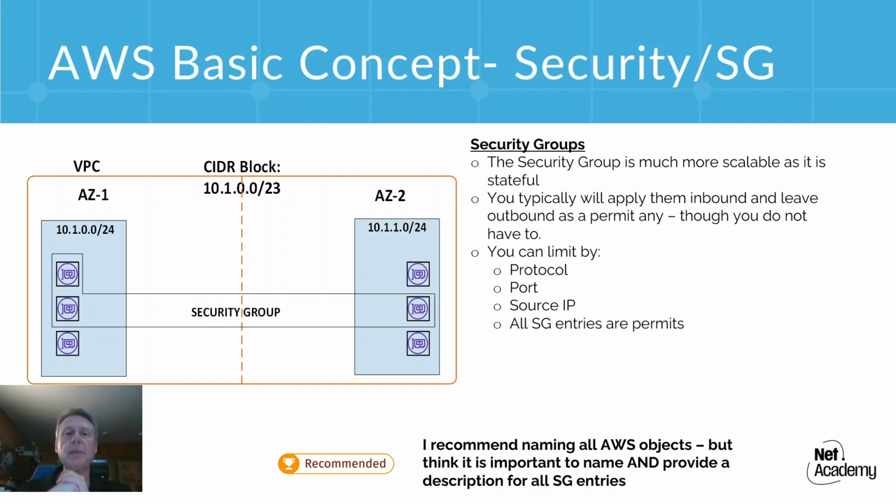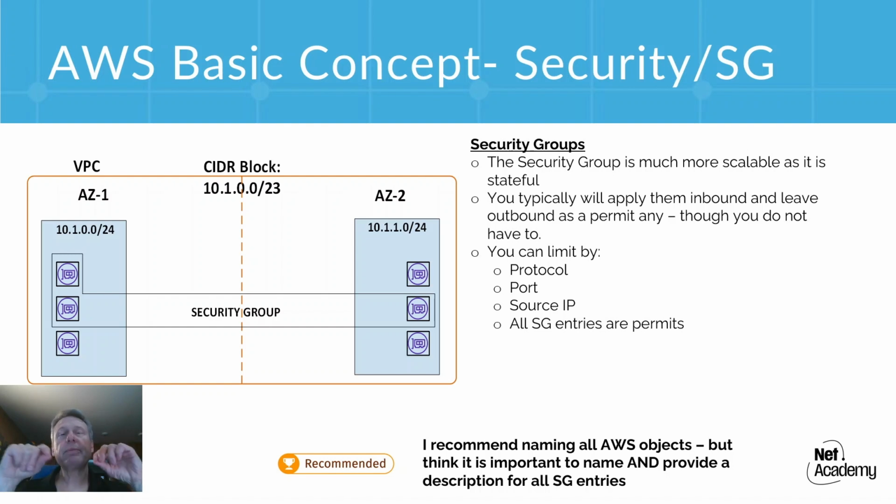If someone knows, please feel free to leave a comment below. So they apply at the NIC level or the VNIC level, or really in AWS speak at the ENI level. And ENI is just a virtual NIC for your instances, the servers and so forth that you're spinning up, the endpoints, right?